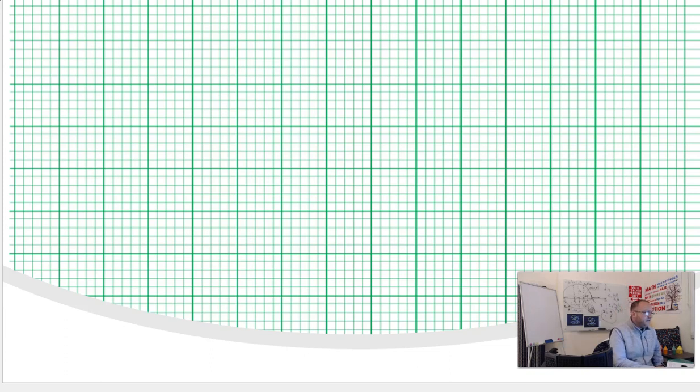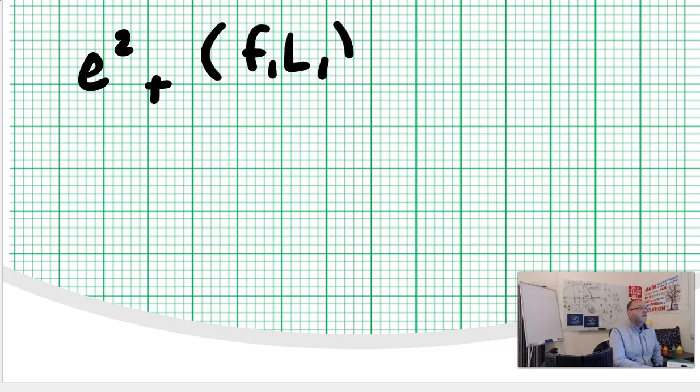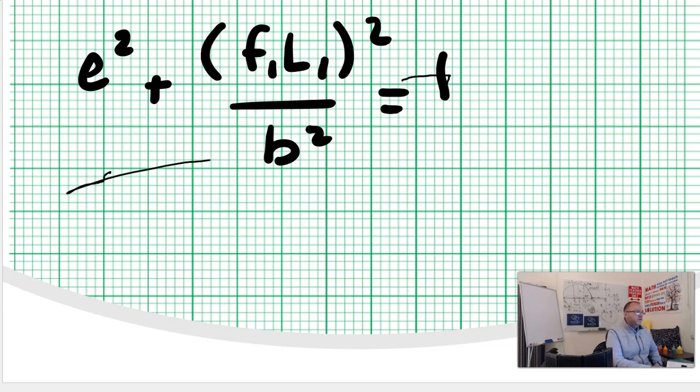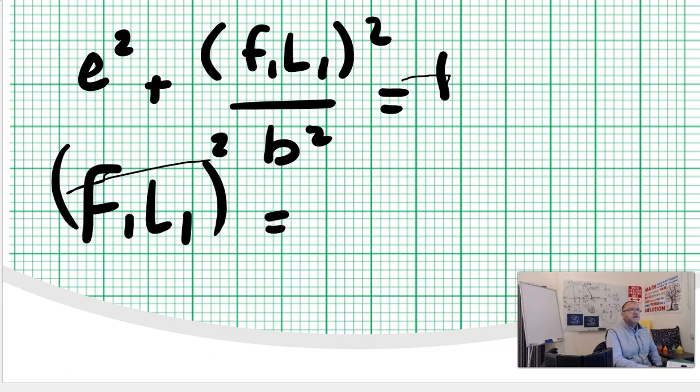Yes. So if you eliminate A, you get E squared plus F1L1 squared divided by B squared equals 1. Now, if you move F1L1 by itself and square it, that's going to equal B squared times 1 minus E squared.